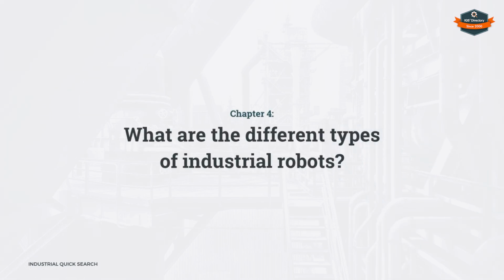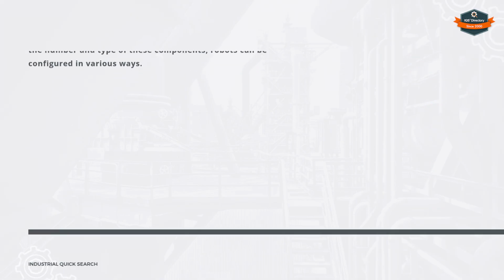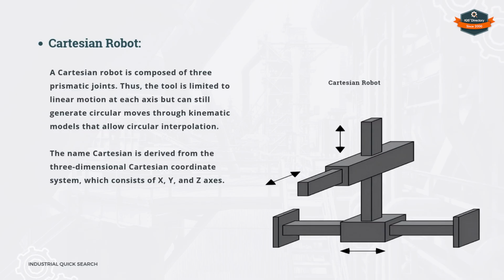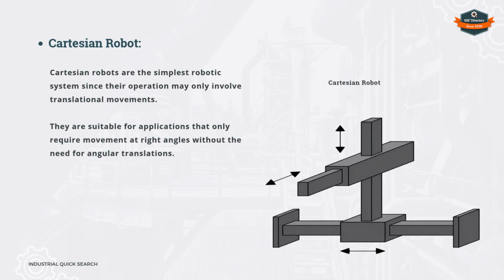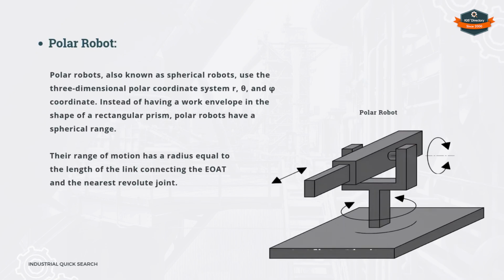Chapter 4. What are the different types of industrial robots? Six main types of industrial robots. Cartesian robot. Polar robot.